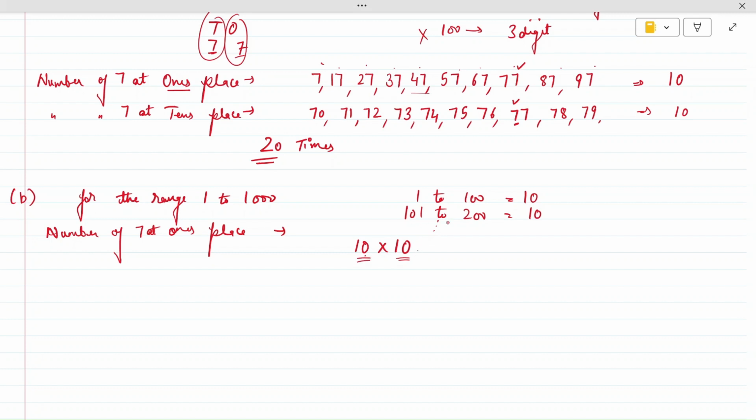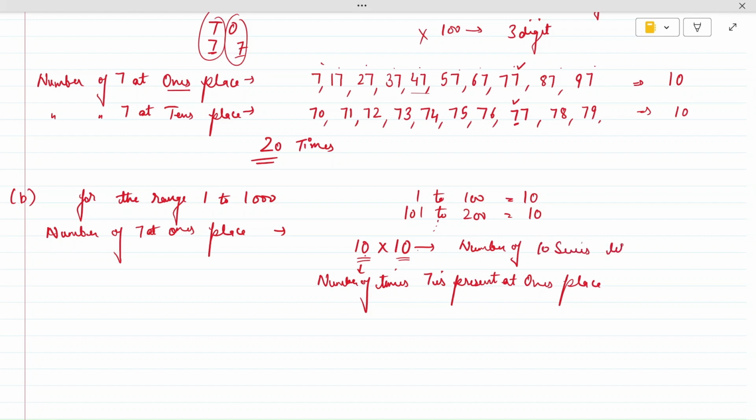So this 10 is the number of times 7 is present at ones place, and this 10 is the number of series till 1000.